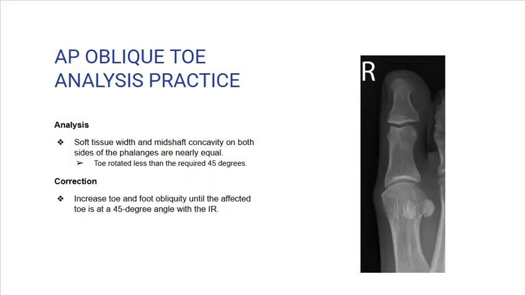Evaluating this projection, the toe soft tissue width and concavity appear to be nearly equal on both sides. Therefore, we are insufficiently oblique. We need to increase that obliquity to 45 degrees with the IR to ensure we get a true AP oblique projection.